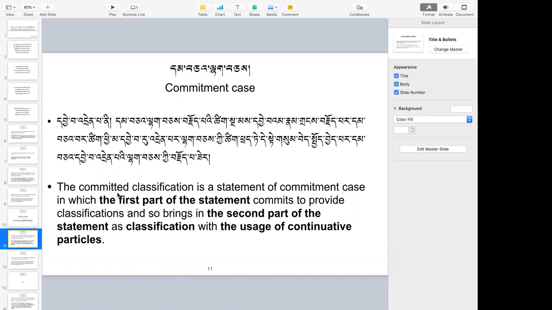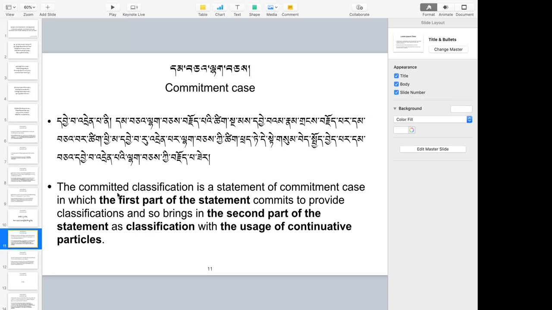So here it's not committing to provide a reasoning, but it's committing to provide classification, meaning that the first part of the statement will be written in a way that it commits to provide classification, just like the first usage case in which we saw that the first part of the statement is written in a way that it becomes a claim. And since it becomes a claim, by nature, it requires reasoning.